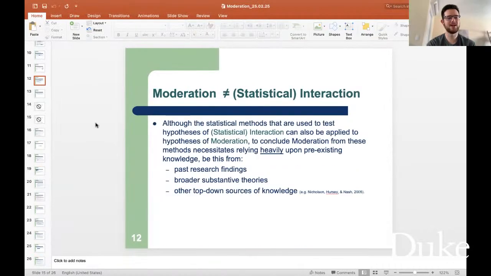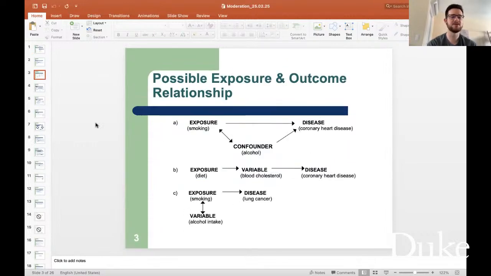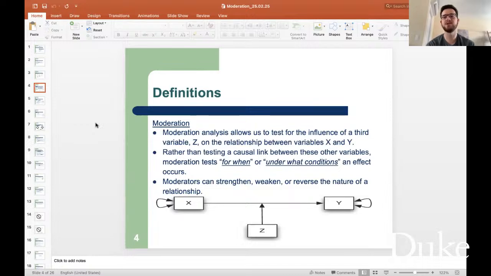Yeah, no, totally. I think you did a great job in showing us the differences between mediation, interaction, moderation; the figures you used and the workflows are great. So congrats, it was a very clear presentation.